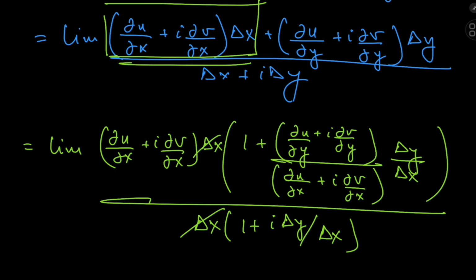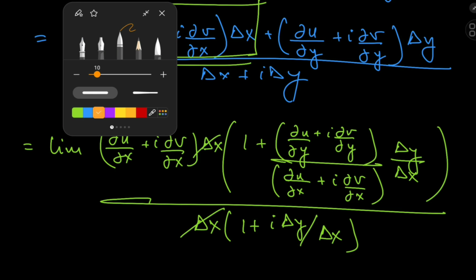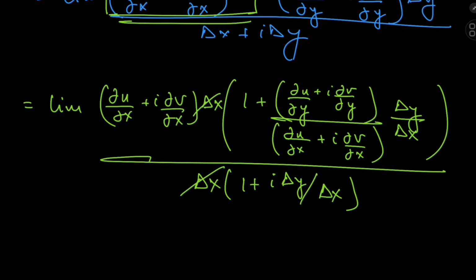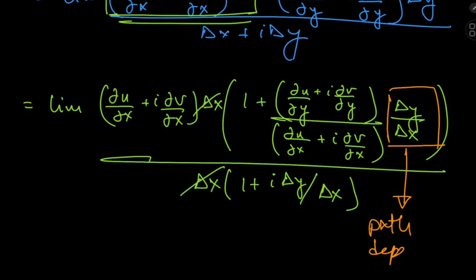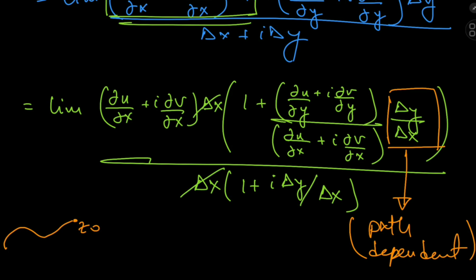Now, what was the purpose of deriving such a structure? Well, notice something here. We have a term that is del y by del x, and this thing here is path dependent. For the point z0 or (x0, y0), this term here varies as the path along which we approach z0 varies, correct?